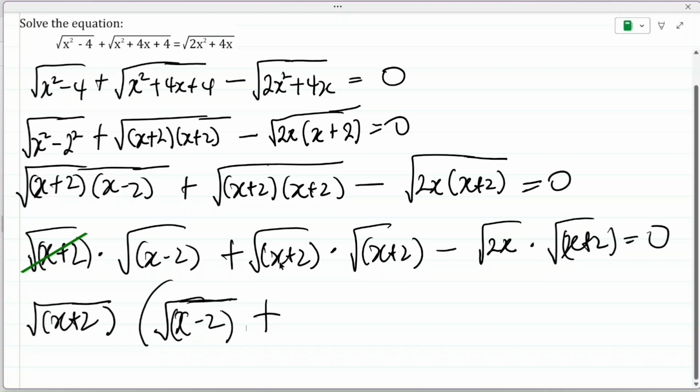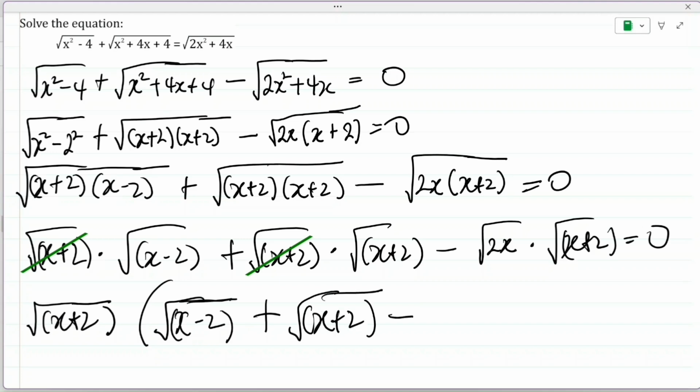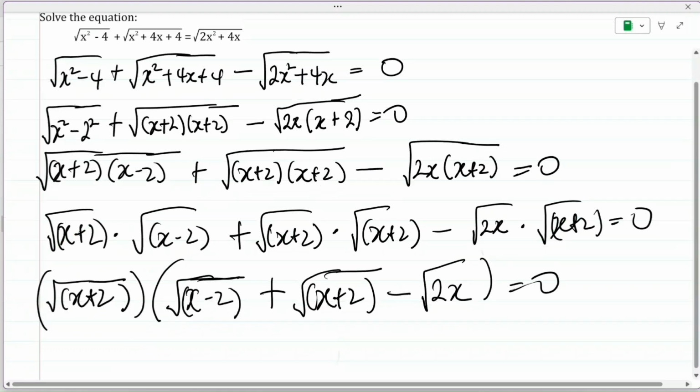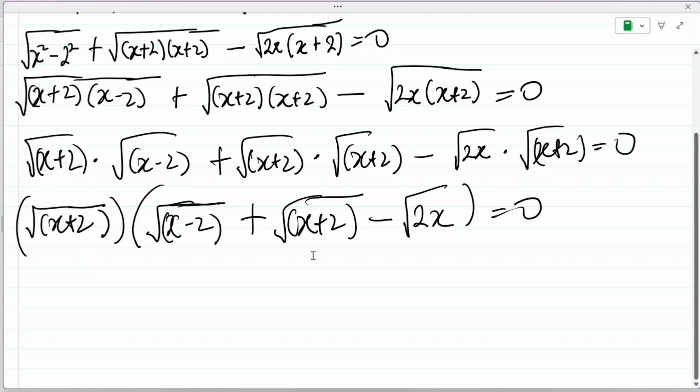Now you're taking it out from here again. That means this one cancels out. You'll be left with square root of x plus 2 in bracket minus this negative. For these two, you're taking out this square root of x plus 2. You'll be left with square root of 2x. You close your bracket equals 0. You can bracket this in a bigger bracket. At this point, we can use the equivalent method. That means we equate this to 0.